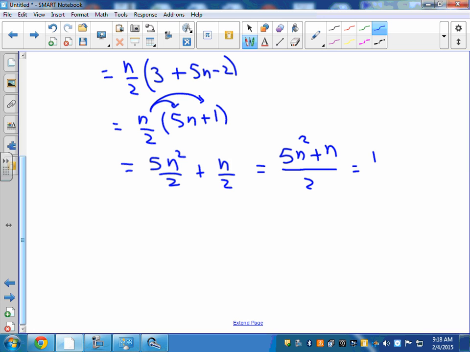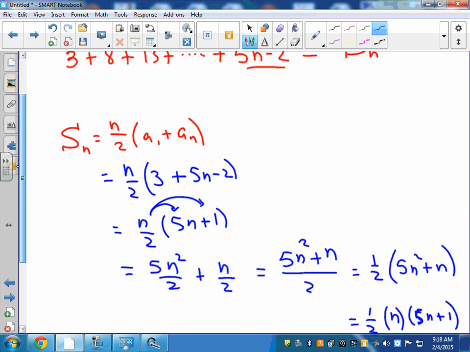Or I might factor it, 1/2 times 5n squared plus n would factor as 1/2 times n times 5n plus 1. Okay, so there's a number of ways you could write it. Any one of these would be correct as the nth partial sum formula.